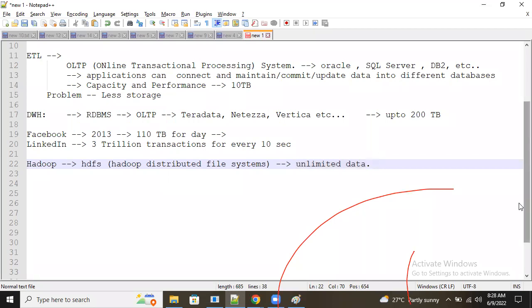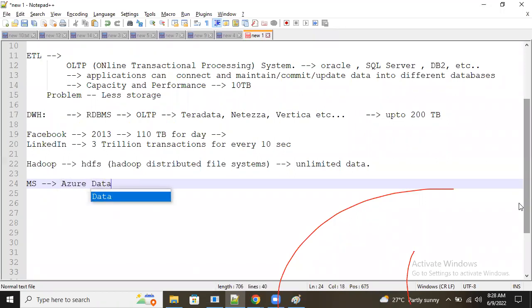Microsoft has adopted the same functionality and implemented a concept called Azure Data Lake, which internally uses Hadoop distributed file systems, where it can store unlimited volume of data.